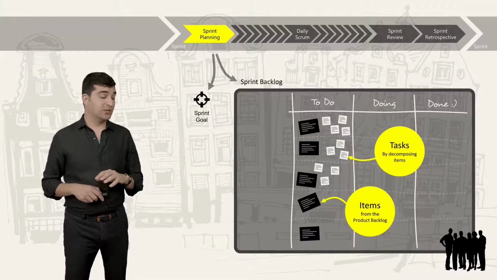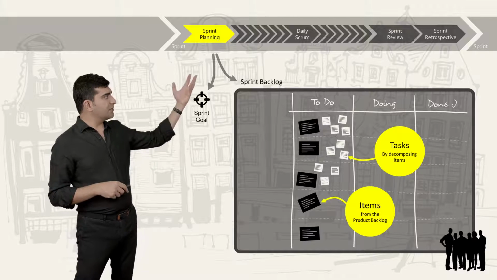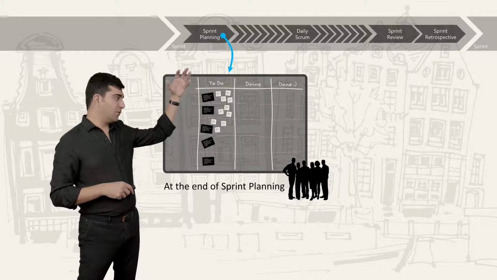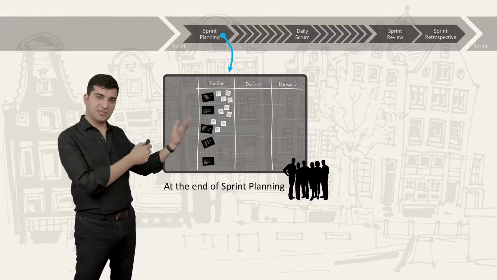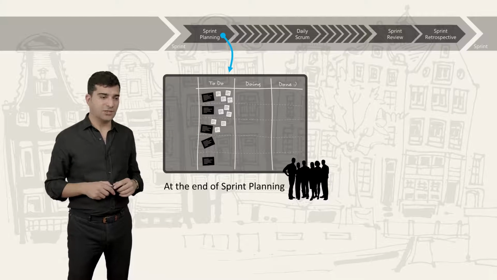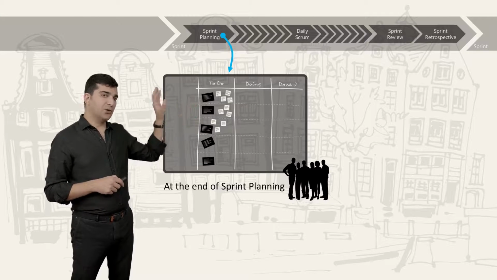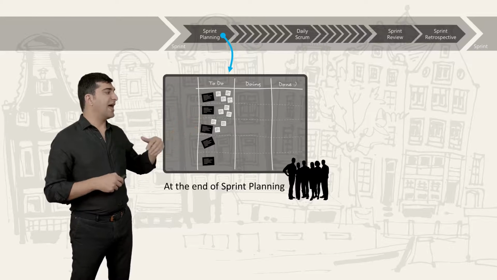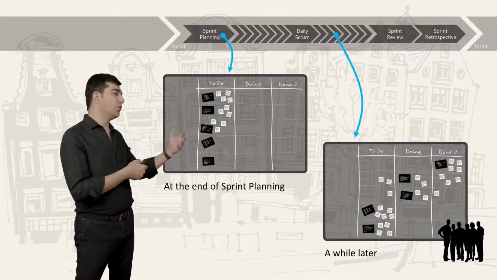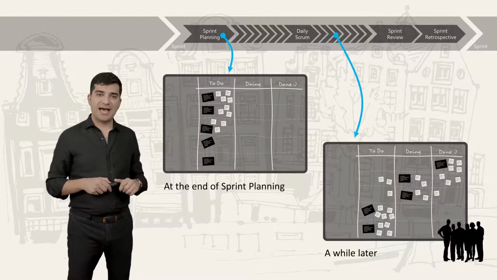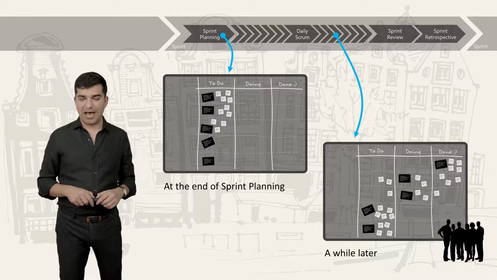What we would do instead of that is to create the tasks for a few items on the top of the sprint backlog. And those are the things that you're going to work on first. So in the sprint planning, you only create a few of them, and later on, during the sprint, you will add more and more tasks to your sprint backlog.